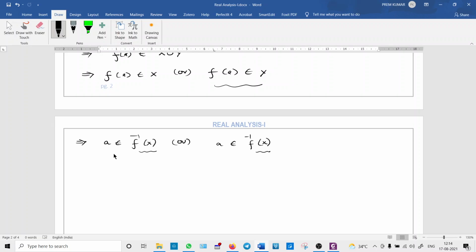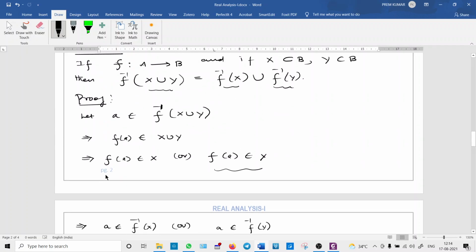That's important. This a belongs to the inverse image of X, or a belongs to the inverse image of Y. So as per the definition of union of two sets, we can say that this belongs to f inverse of X union f inverse of Y.